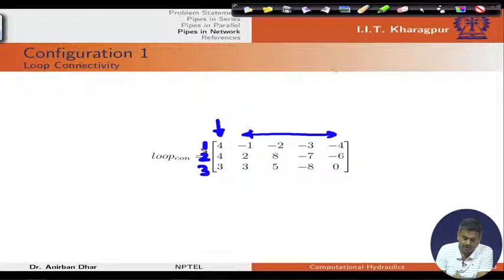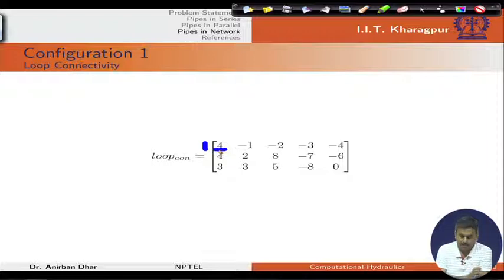So, for loop 1 we have 4 pipes connected to this particular loop, and pipe 1 is having negative discharge, pipe 2 is having negative discharge, pipe 3 is having negative discharge, pipe 4 is having negative discharge. For loop 2 again we have 4 connected pipes.